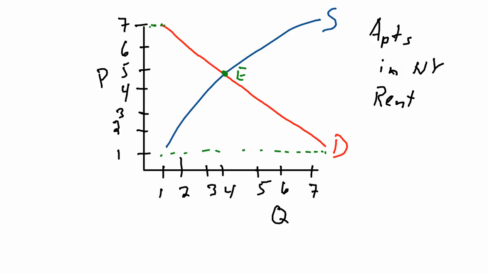But here's the deal: what happens when the government comes in and sets a limit? In this case, it's not a price floor, it's a price ceiling. Let's see if I can draw this.